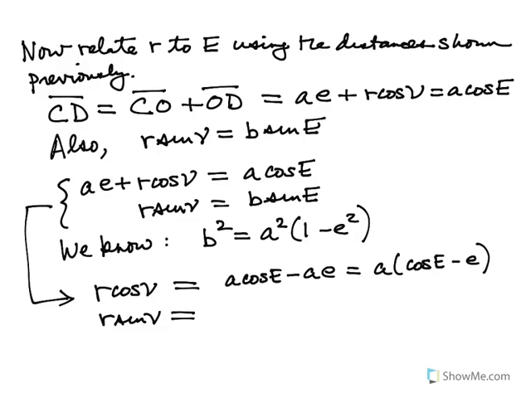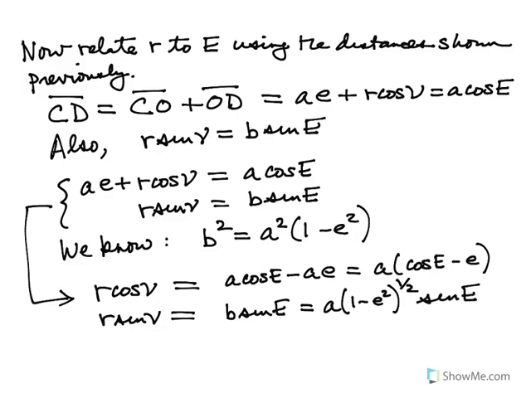And the other equation just stays exactly the same. I get r sine nu equals b times the sine of E, but that now is equal to a times 1 minus e squared to the 1/2 times the sine of E.